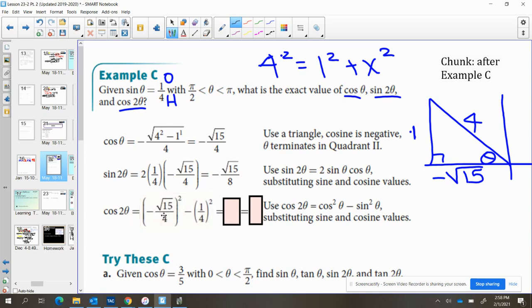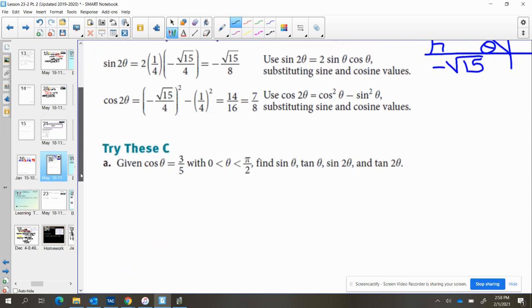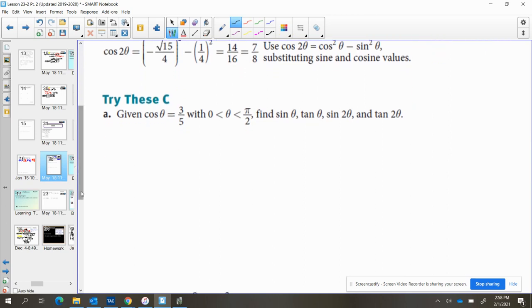This one, they chose to use the cosine squared minus sine squared since we had both of them, and then simplify that to get our final fractional value there. Okay, so we have a couple different examples to go through then on page 310, with part A. And again, they're not giving you a ton of room. So you're going to either want to write in the My Notes section or very, very tiny.